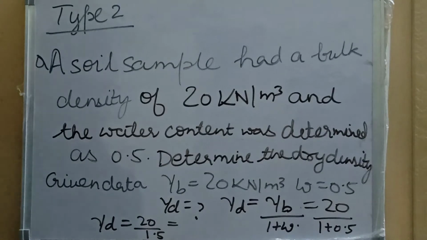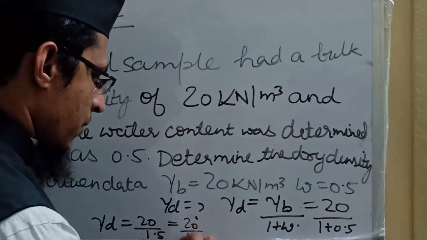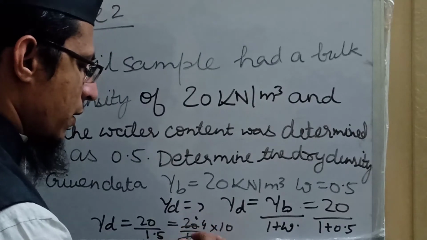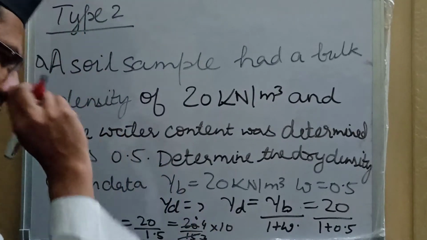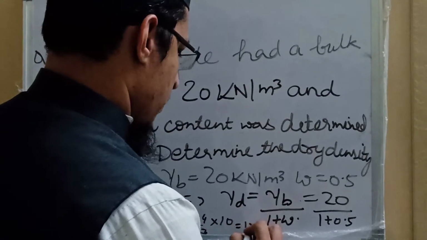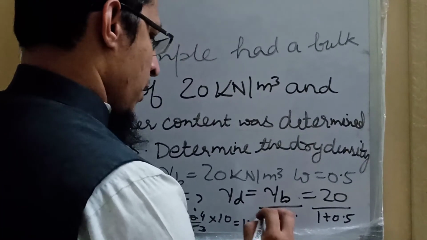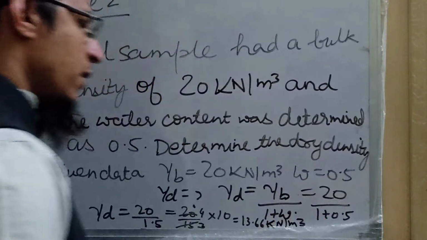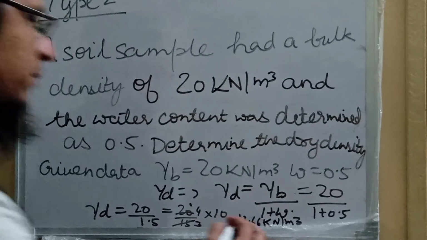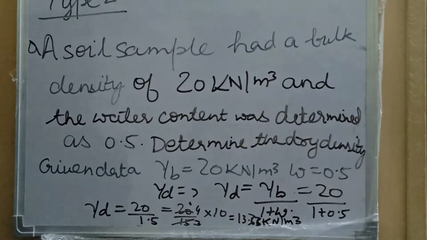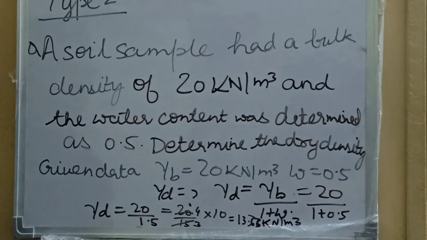It will come out to be 20 upon 15 into 10, so it will be 4 and 3, so 40 upon 3, that is 13 point something kilonewton per meter cube. This will be the dry density. In this way we can calculate the dry density of soil.